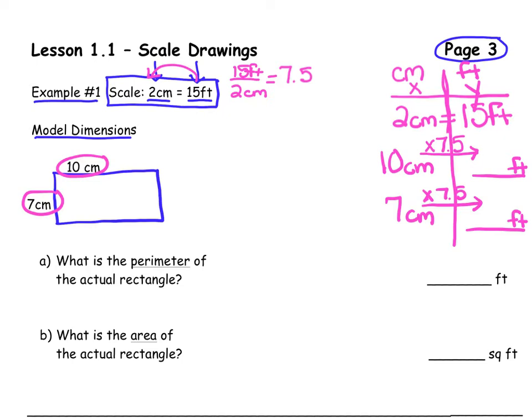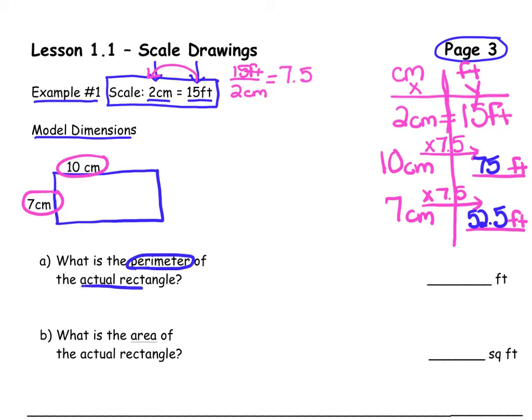You should have gotten a length of 75 feet in the real world and a width of 52.5.